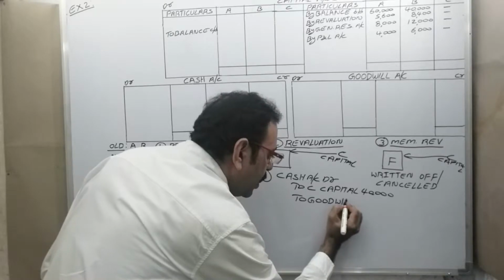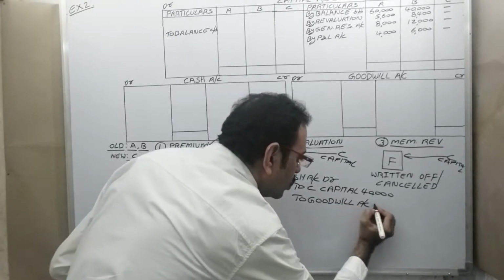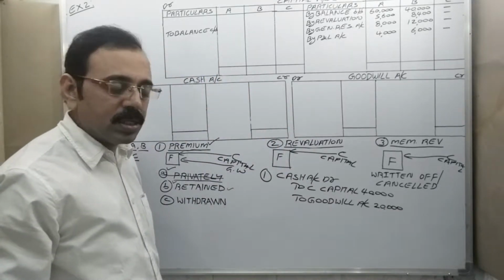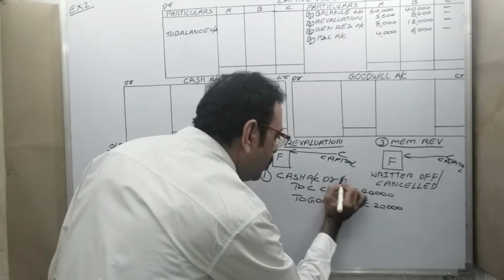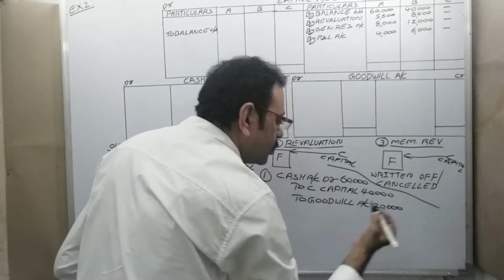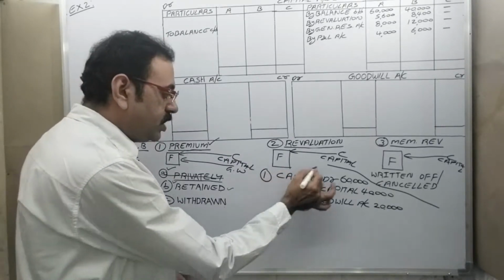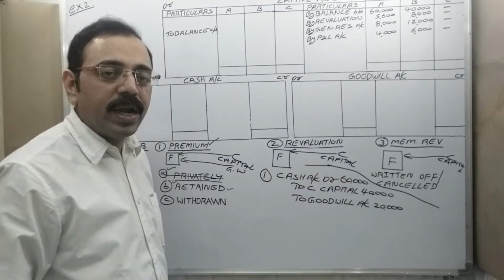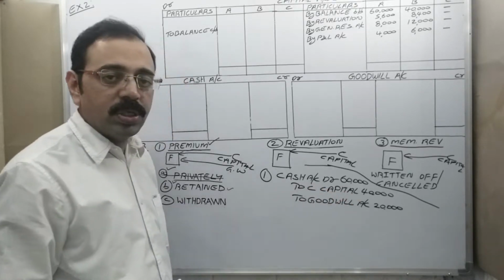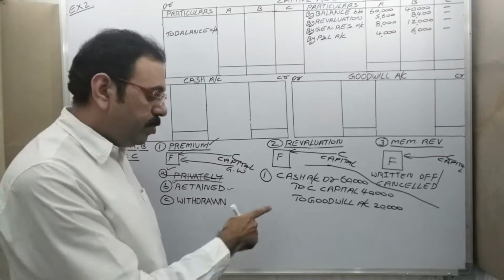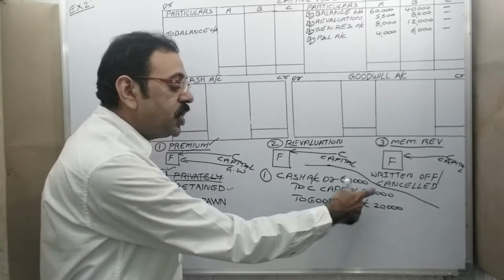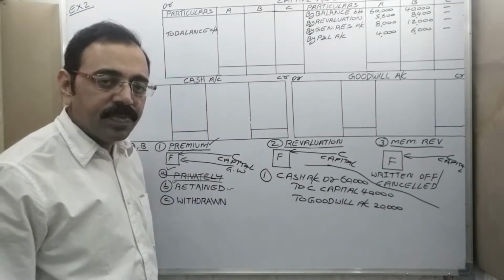Therefore, credit even goodwill account. How much goodwill is he bringing? 20,000 rupees. Total how much cash is coming into the business? 60,000 rupees. This is your first entry. Cash account debtor to C capital, to goodwill account. What is the narration? Being new partner is bringing capital and his share of goodwill into the business.